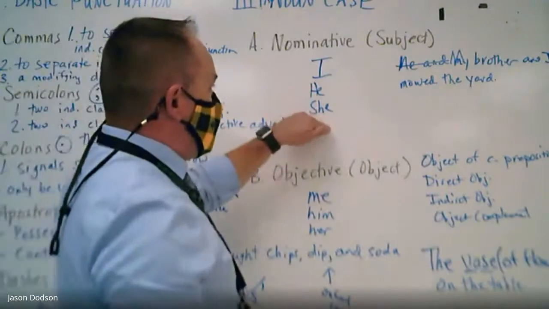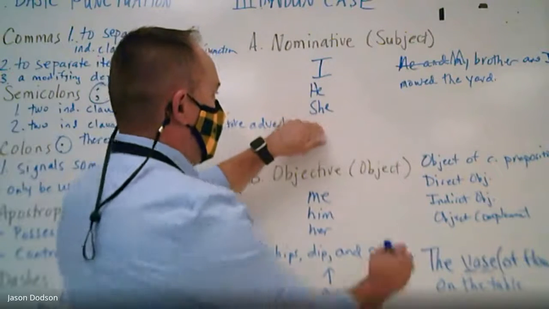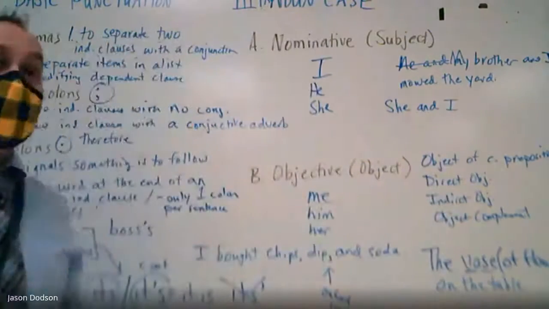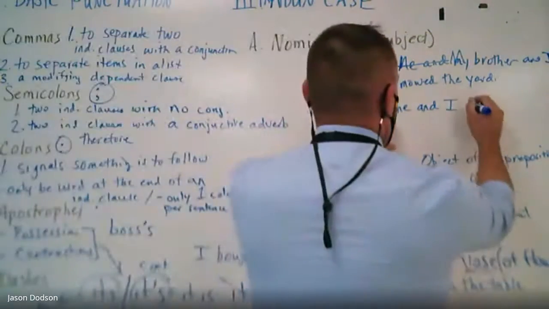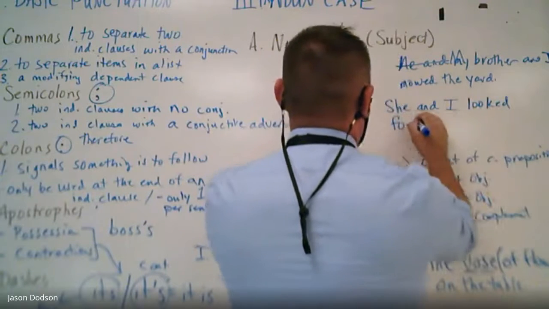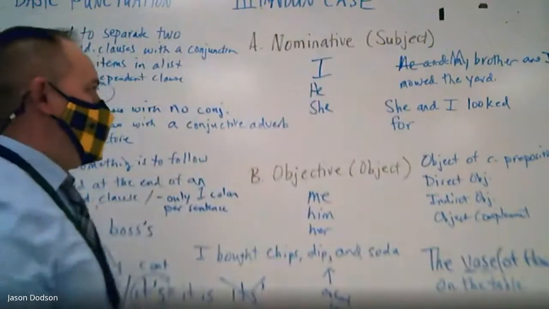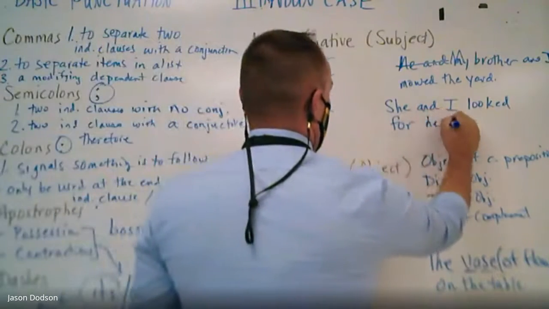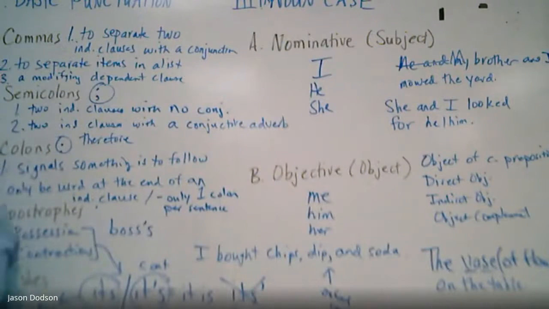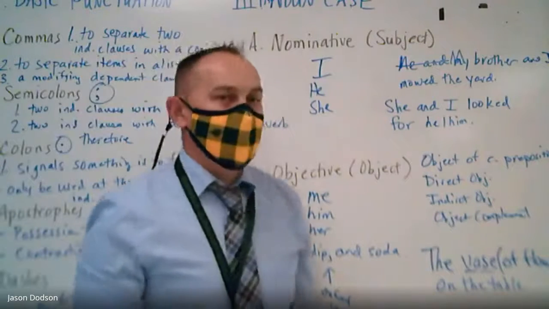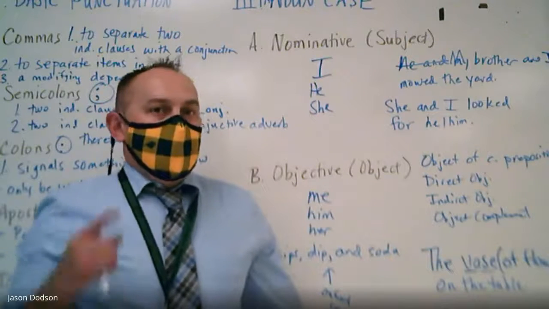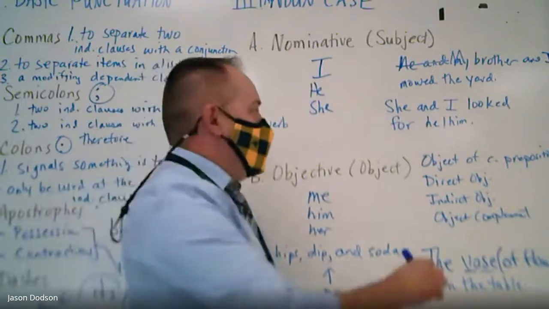So if you're using it as the subject of a sentence, she and I looked for... Did you say look for he or look for him? She and I looked for he, or she and I looked for him. Don't overthink it. Trust your ear. What would you say? Him.